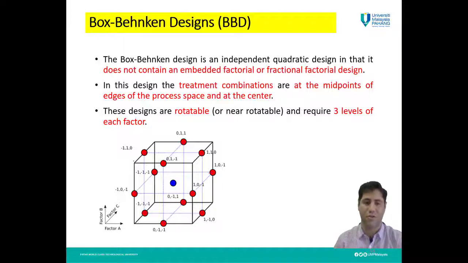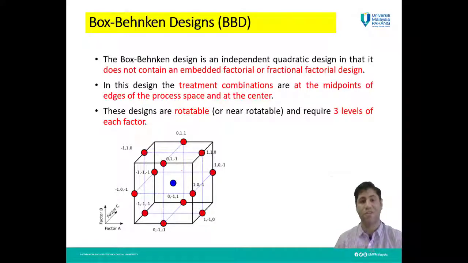If you notice here, this cube is the cube which we had for the factorial design. We only change the position of the points or levels to the midpoint of the edges of that factorial design. This design is an independent quadratic design and does not contain any embedded factorial or fractional design.